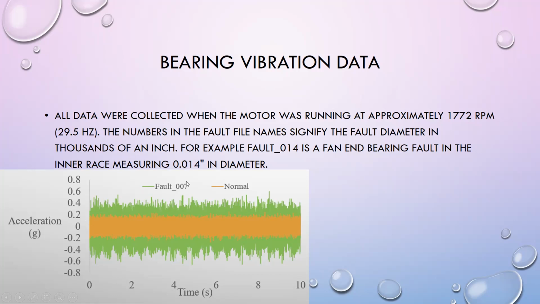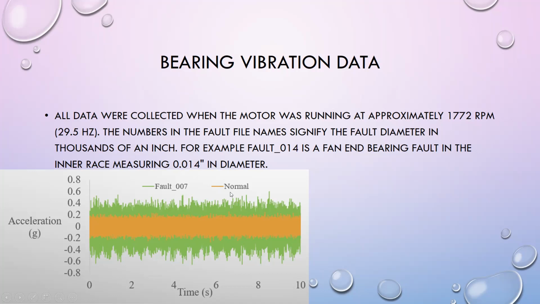And this fault is 007. If you want to know what it means, it means we have a fan end bearing with a fault in the inner race measuring 007 inch in diameter, of course.